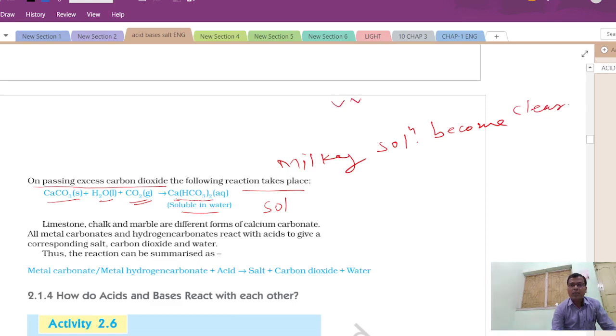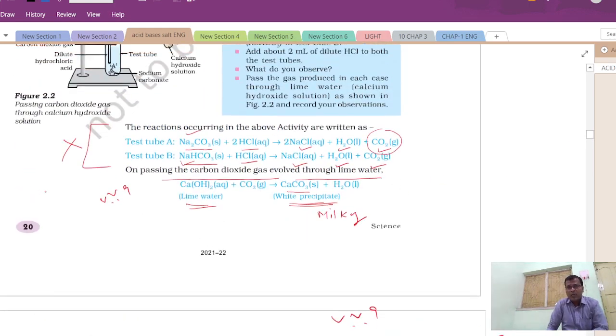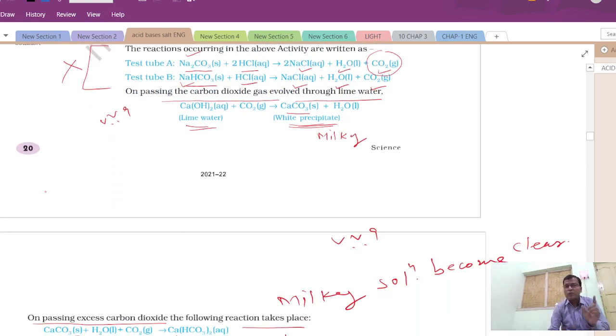This is very important because this test is used to identify carbon dioxide gas. How can you identify whether a given gas is carbon dioxide or not? You have to pass the gas through lime water, then the solution will become milky, and if you pass excess carbon dioxide, then it will again become clear.